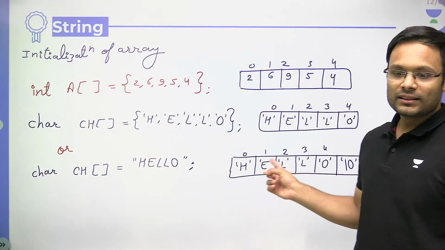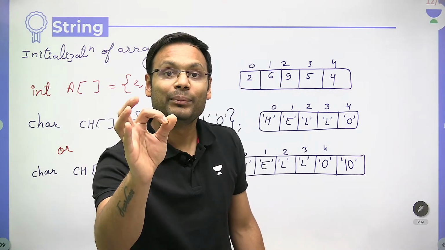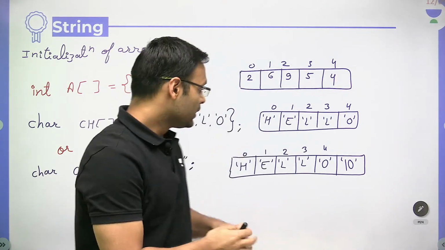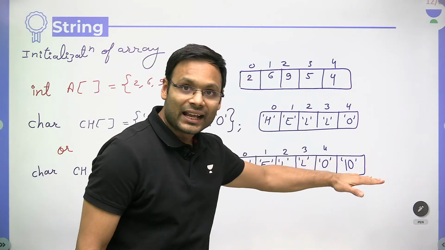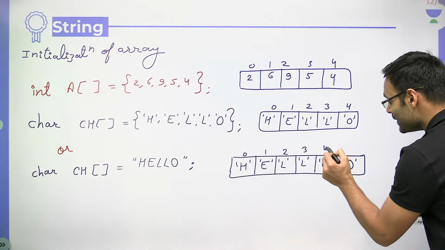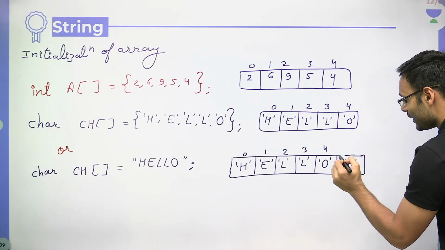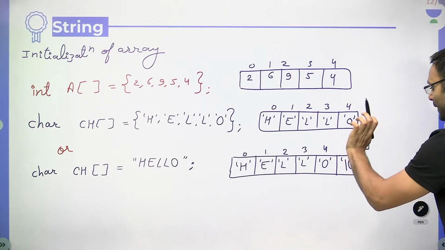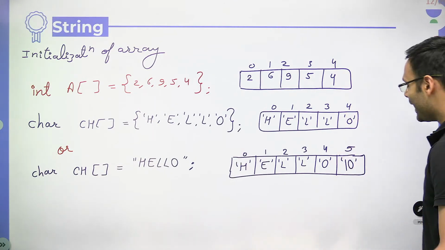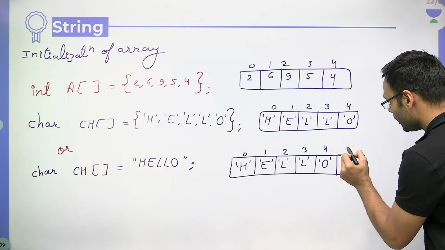So what happens in this case? When you make this, a null character automatically will be added in your character array, and this time it will not be 5, it will be 6 as the actual size of the array. तो array की जो implicit size रहेगी वो कितनी ले लेंगे हम लोग?